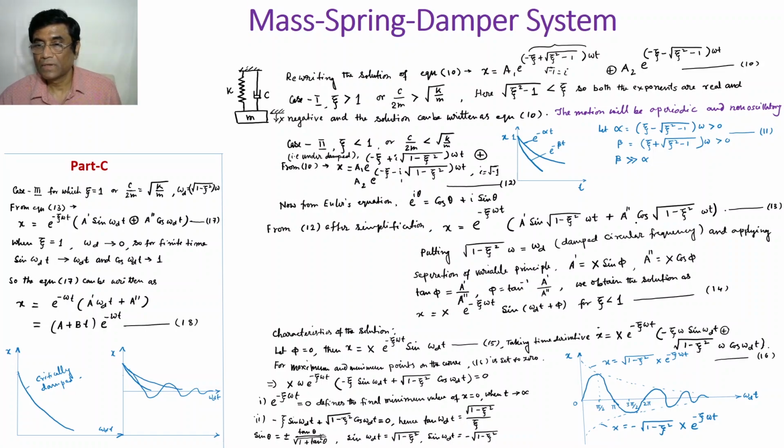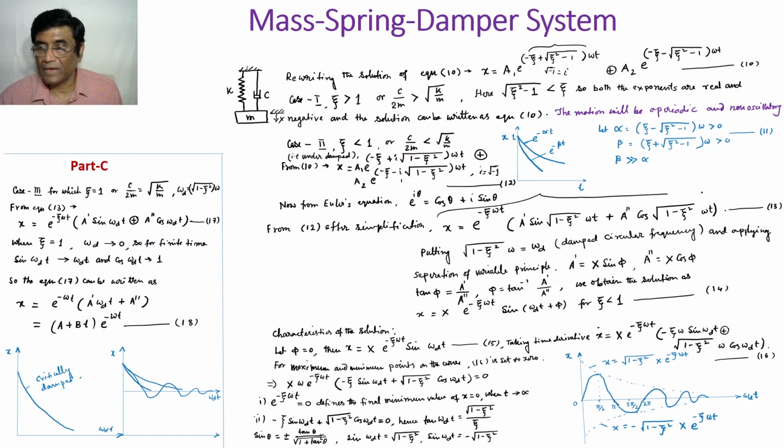So this is our equation, right? Putting root over 1 minus zeta square times omega equal to omega d, that is the damped circular frequency, and applying the separation of variable principle.